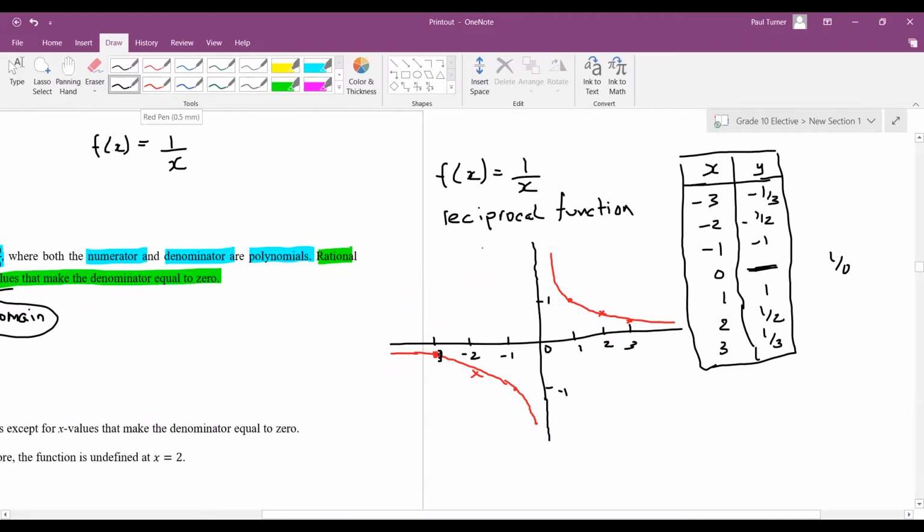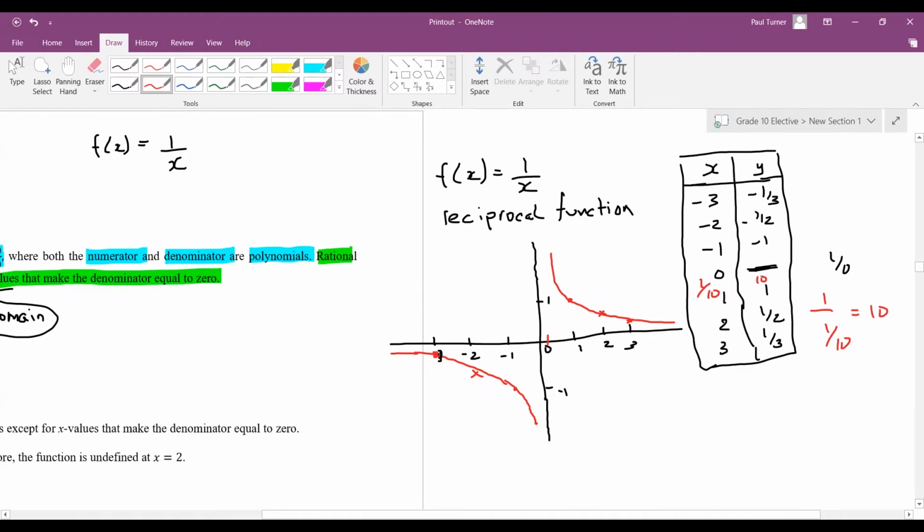And for example, you probably wonder what's happening here. So if we choose a small number like in here, like 1/10. What if x was 1/10 in here? So then y will be 1 on 1/10, which is 10.